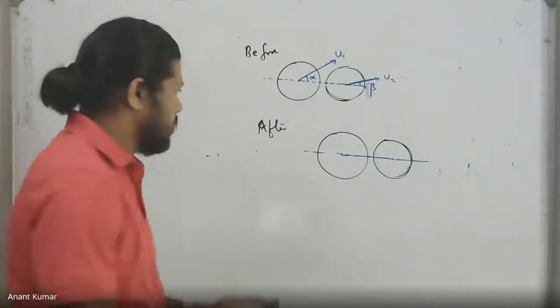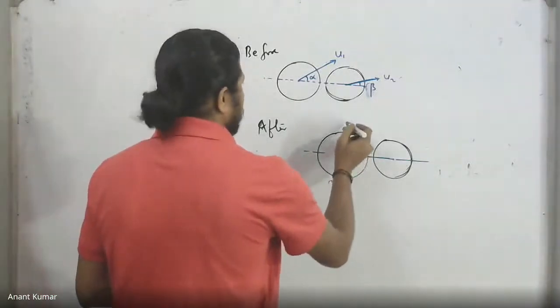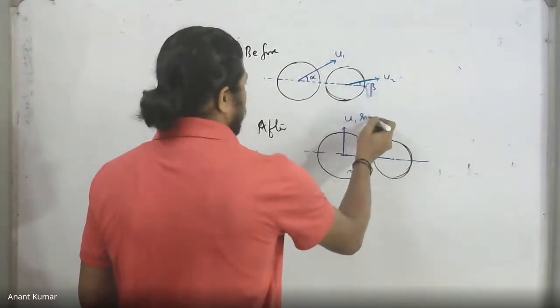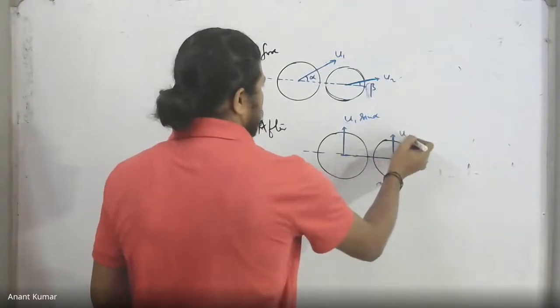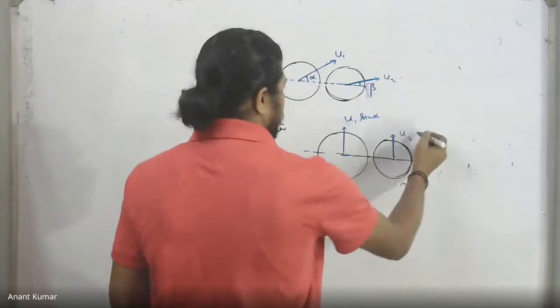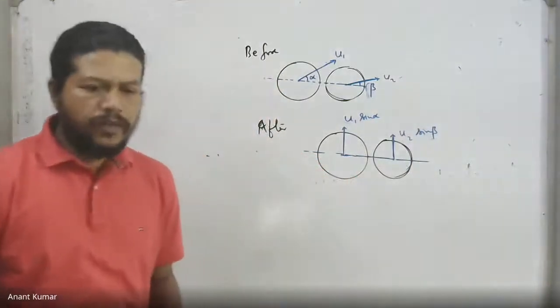What I'm saying in this case is that in this perpendicular direction, the velocities need to be u1 sine alpha and u2 sine beta. These velocities will not change if the surfaces are frictionless.